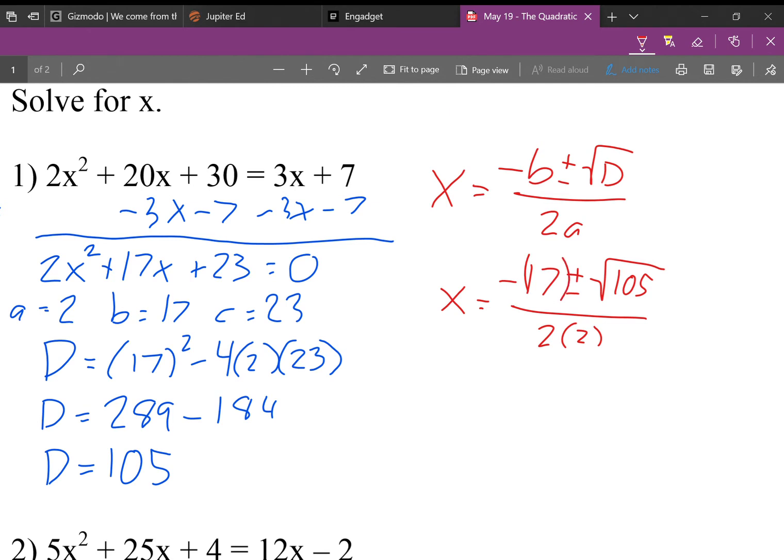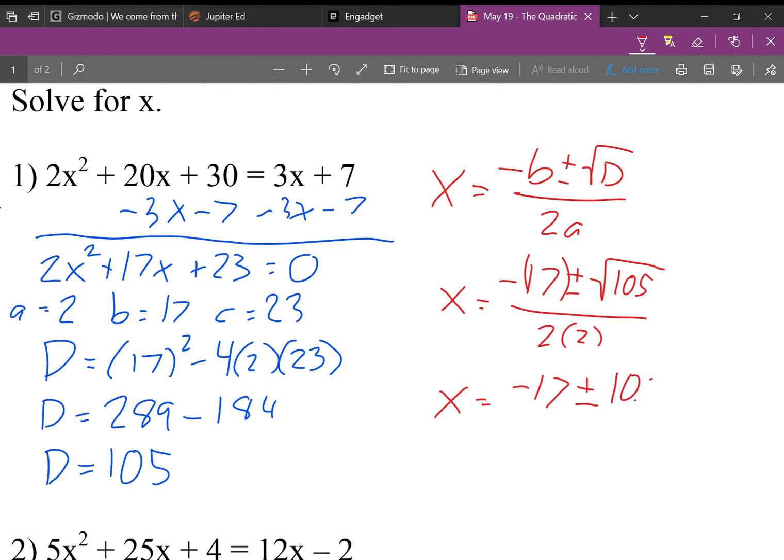And then we simplify these three things separately. So I'm going to have negative 17. Now, the 105 is not a perfect square, so we are going to need to use our calculator here. So the square root of 105, we're going to have a decimal here, which is going to be 10.25.